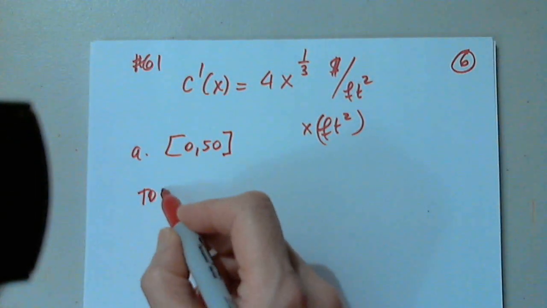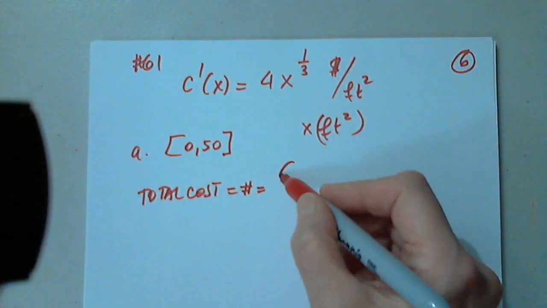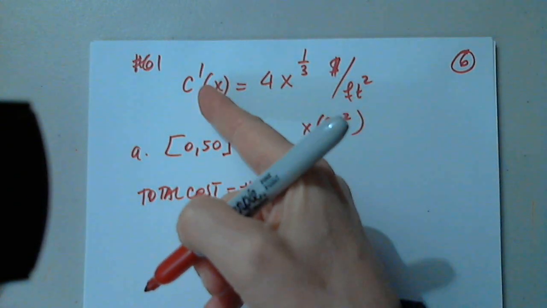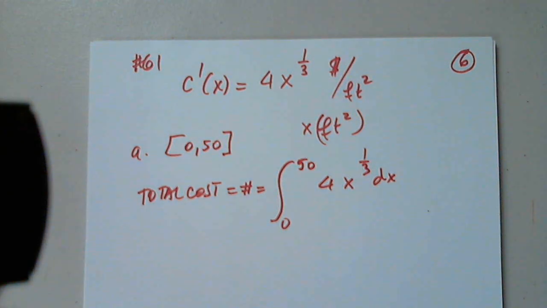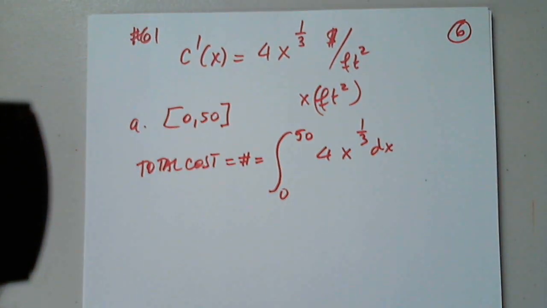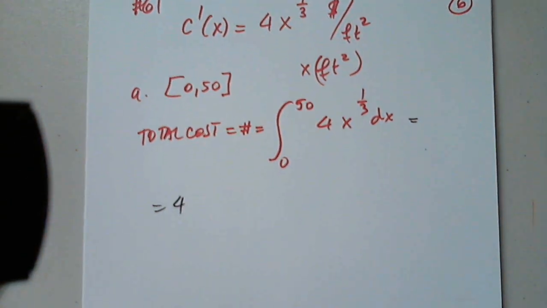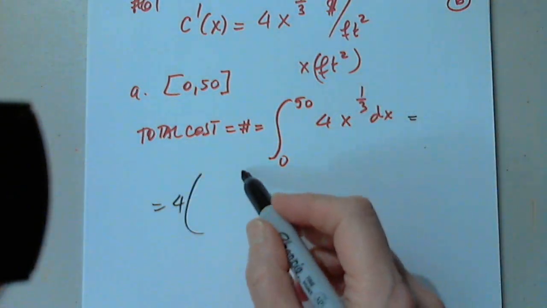So the total cost, you know it's a number, so it has to be the definite integral from 0 to 50 of this function dx. That's all there is to it. And of course, I have to use the fundamental theorem of calculus to determine the number. So 4 is 4. Which function prime is x to 1/3?